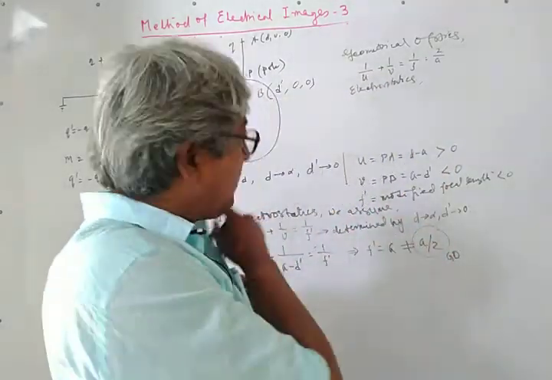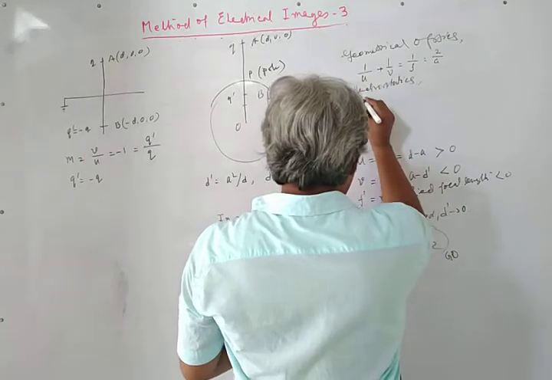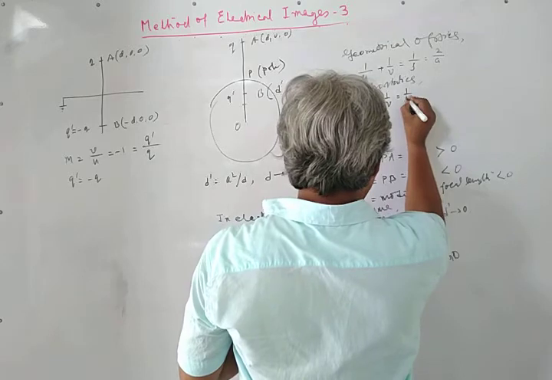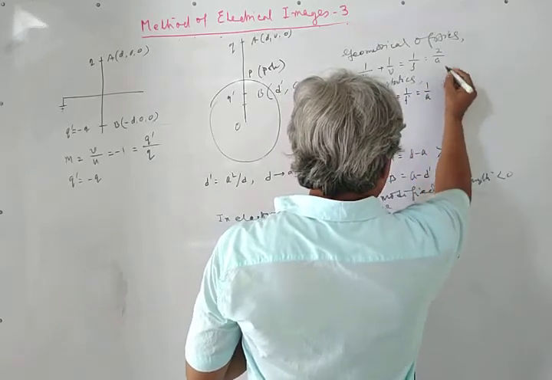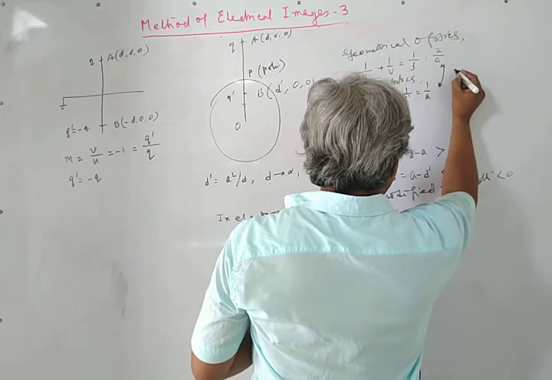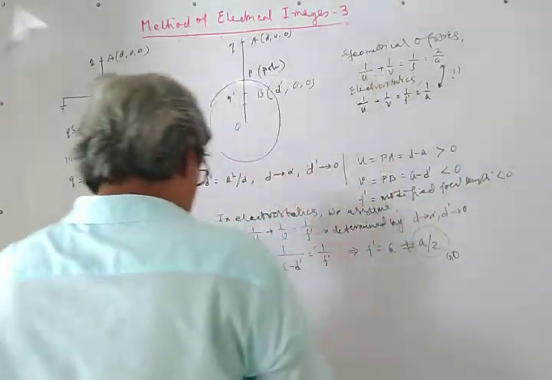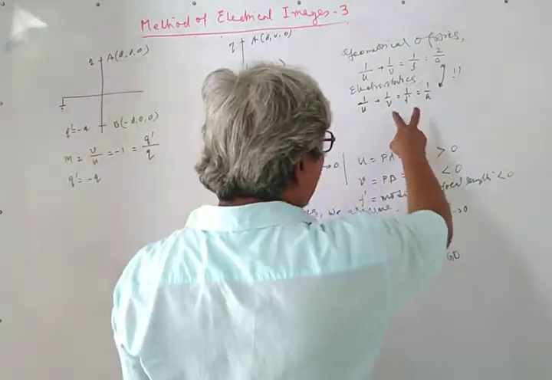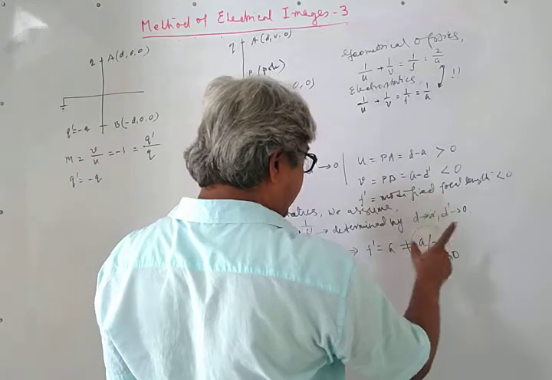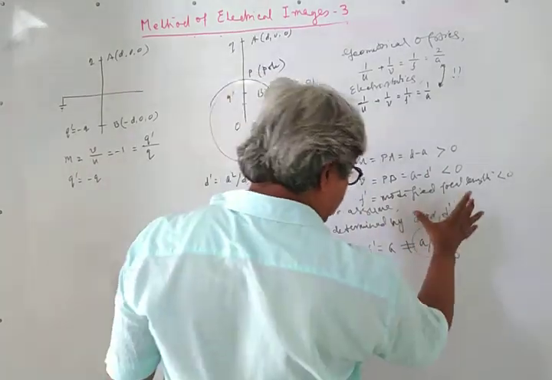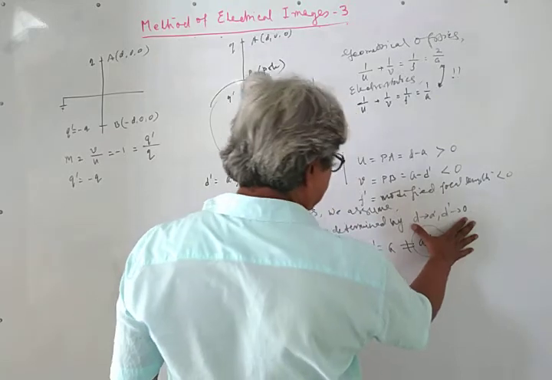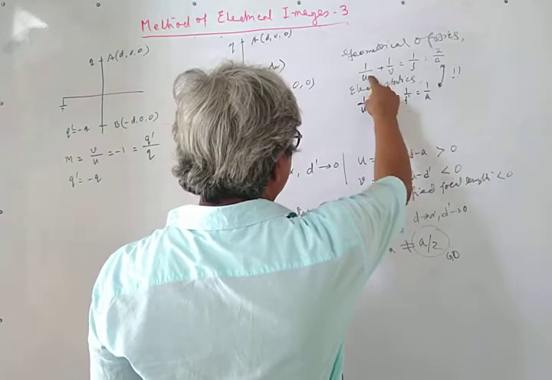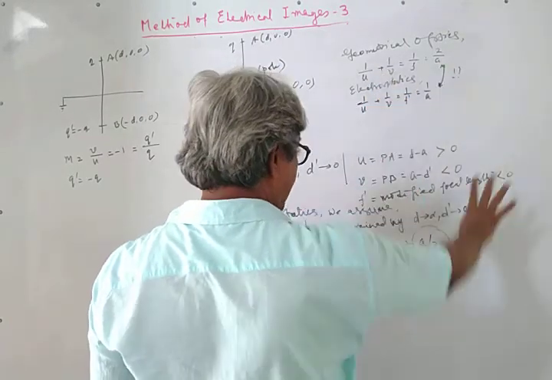The image formula is 1 by U plus 1 by V is equal to 1 by F prime, which is equal to 1 by A. Note the difference. This change in the result is due to the different boundary condition. In electrostatics it is one boundary condition, but in geometrical optics the boundary condition was different. As U tends to infinity, V is at F.